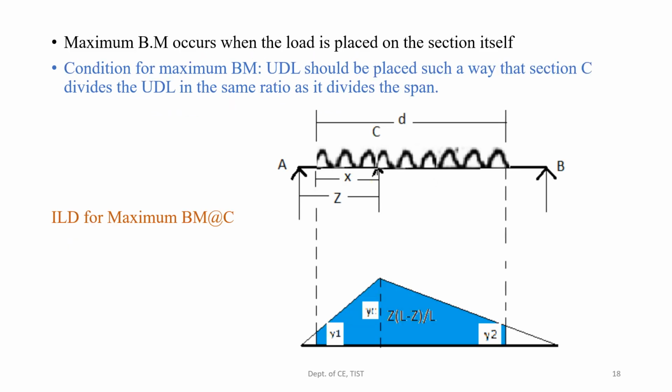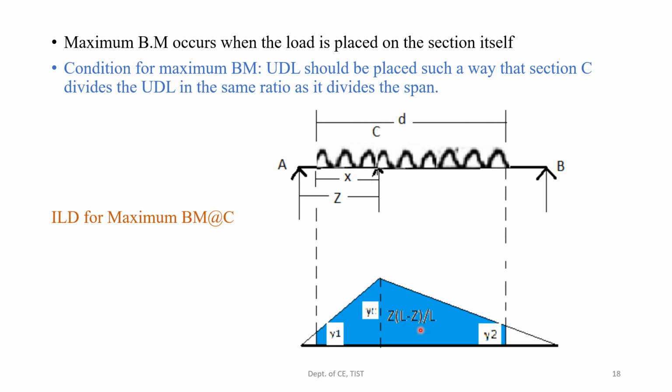Okay, for the value of H, just place the UDL at a distance H from the section C, and the remaining part will come in the span CB. That's the condition for maximum bending moment. Here you can see the area covered by this UDL. This is the ordinate Y1 and this is the ordinate Y2. Here you can see two trapeziums.